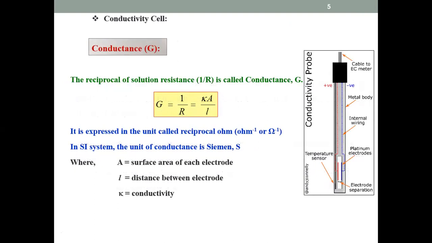Shown here on the right is the conductivity cell, which measures the conductivity of a solution, and how this is measured is related to conductance.